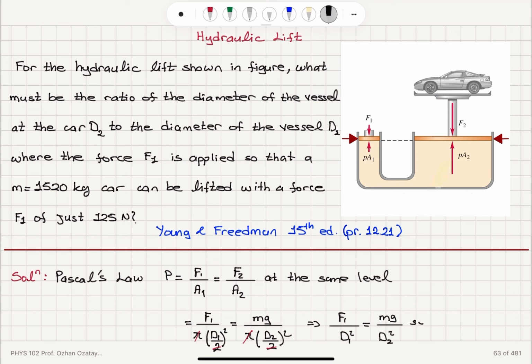So we will find that the ratio of the diameters, what must be the ratio of D2 to D1? D2 divided by D1 is the square root of mg over F1.